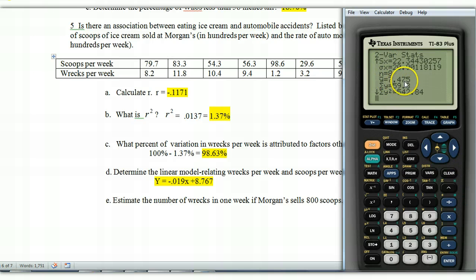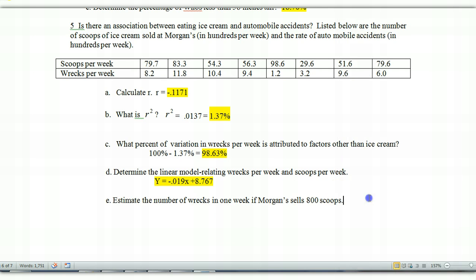So 7.475 is the number here, but once again, remember, this is in hundreds, so 7.475 is actually 747.5 number of Rex, which we would round to 748. So we would estimate 748 Rex if that many scoops were sold.